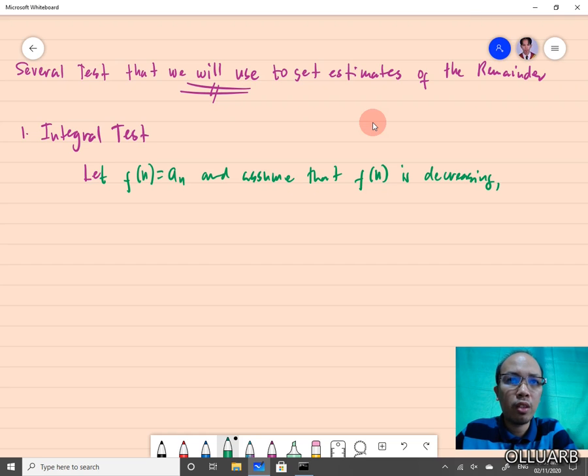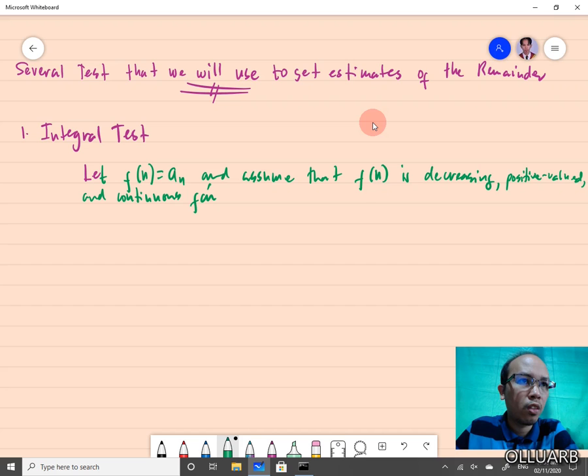It's a decreasing function, positive valued, and what are the other conditions, and continuous, continuous function.